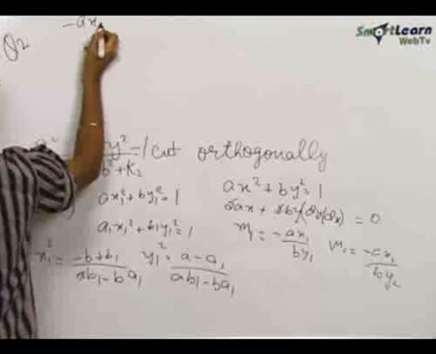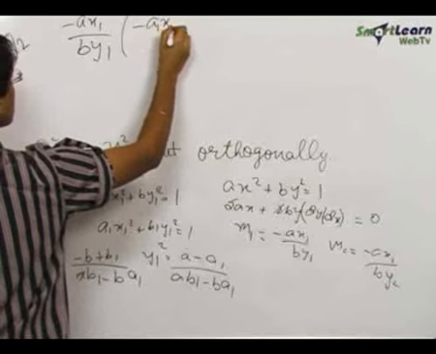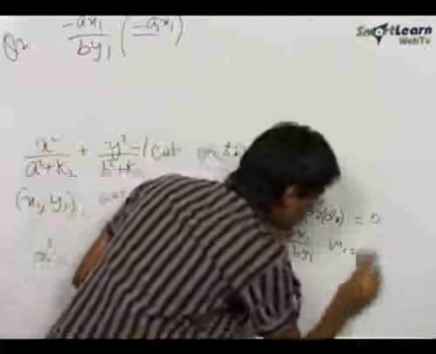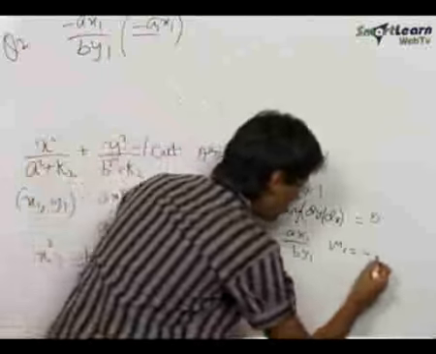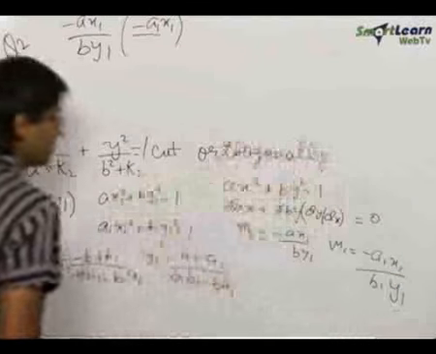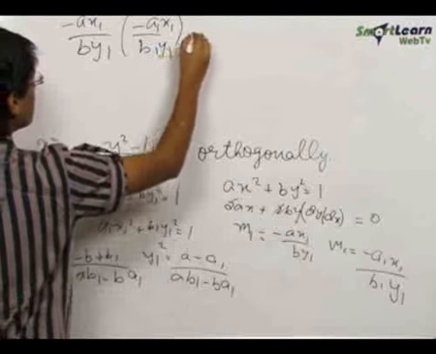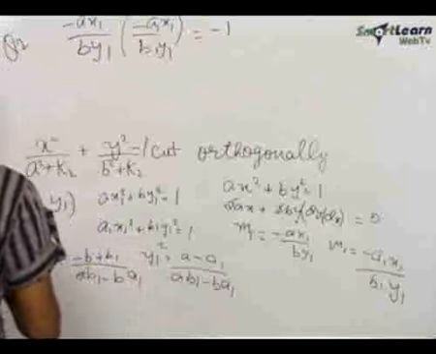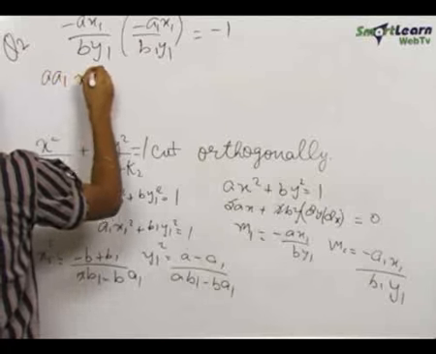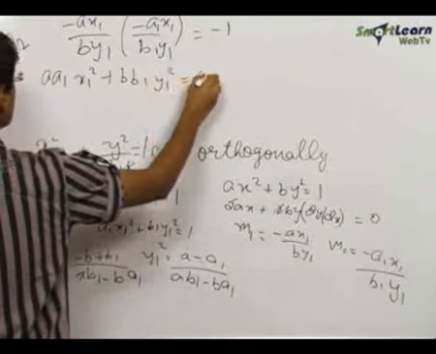So (−ax1/by1) into (−a1x1/b1y1) equals −1. This gives us aa1 x1² + bb1 y1² = 0.